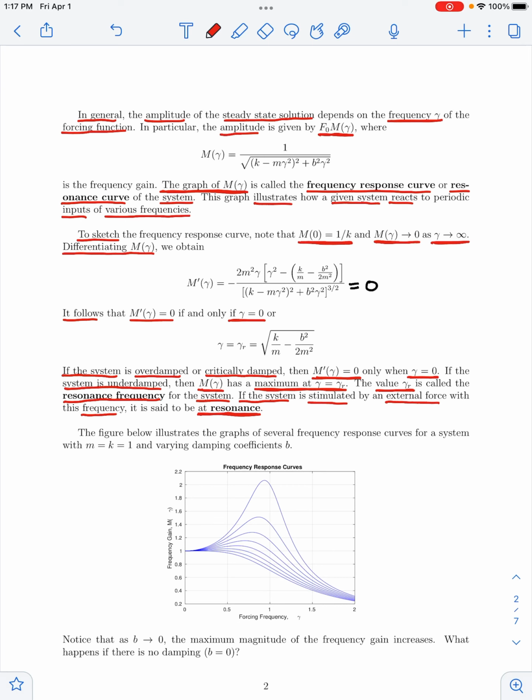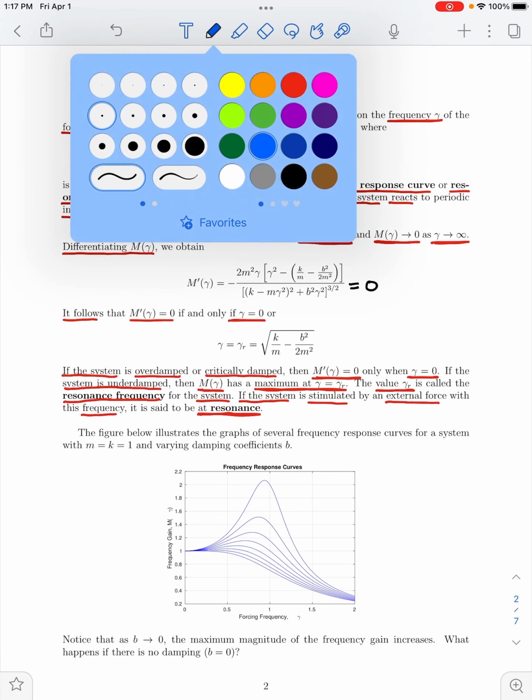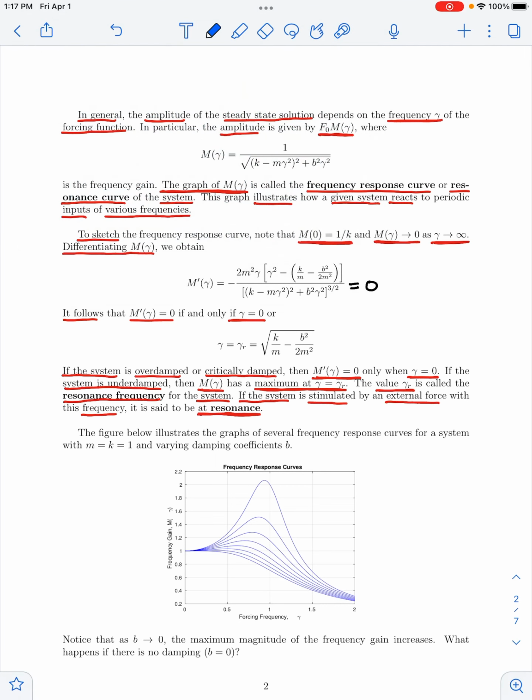So here, using this information, we could sketch our frequency response curve. In the figure below, we have graphed several frequency response curves for a system where the mass and stiffness are both equal to 1, and looking at varying damping coefficients, b.